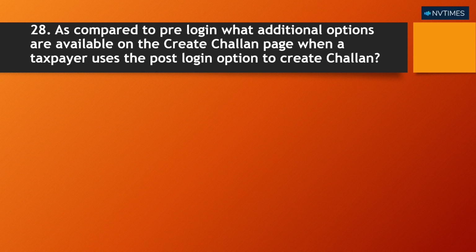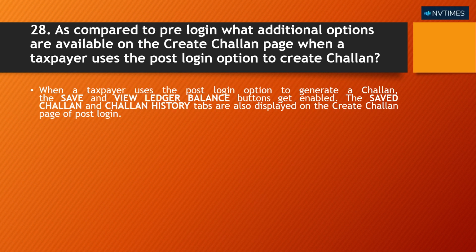As compared to pre-login, what additional options are available on the Create Challan page when a taxpayer uses the post-login option to create a challan? When a taxpayer uses the post-login option to generate a challan, the Save and View Ledger Balance buttons get enabled.